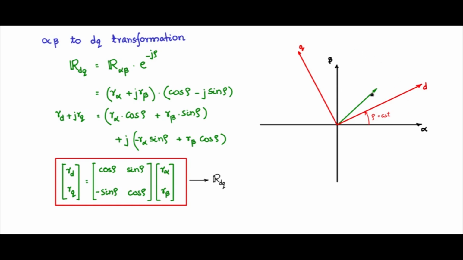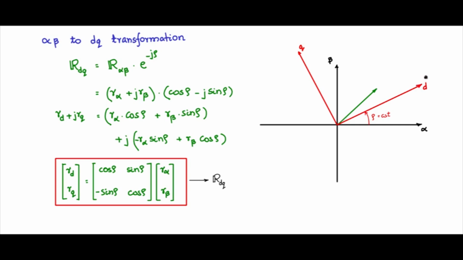If this vector is representing current or voltage, again rotating at 50 Hertz, then this DQ reference frame will be synchronized with the voltage or current vector, and any projections onto the DQ axis reference frame will be constant, fixed, and they will be DC in this DQ coordinate system.